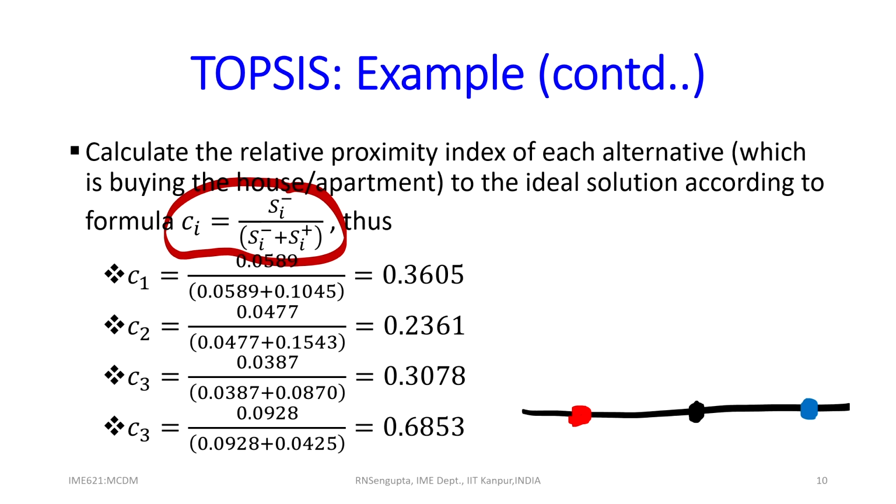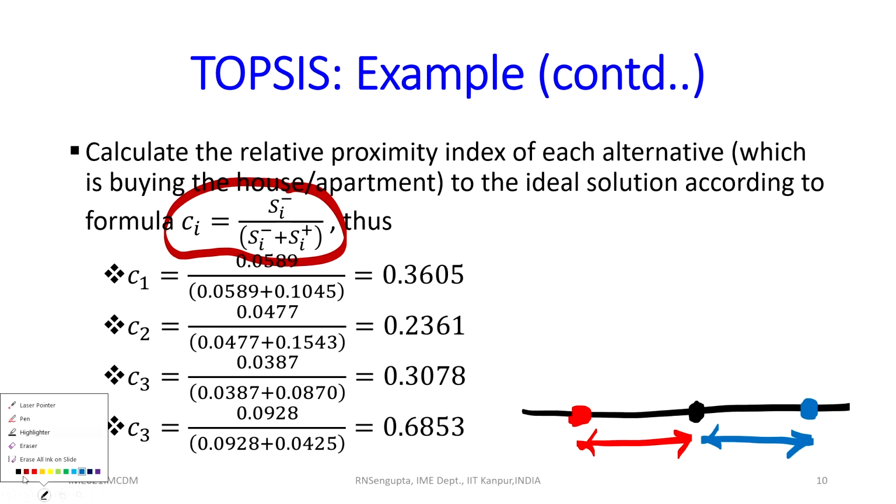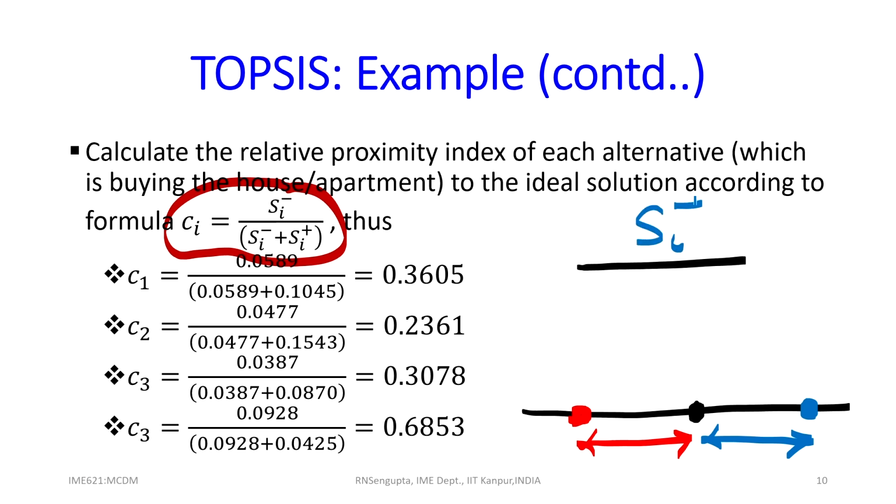We would have the negative distance, which I am marking in red, and the positive distance, which I am marking in blue, and the formula would be, I will write it down, the ratio of Si plus, here also Si plus, Si minus.